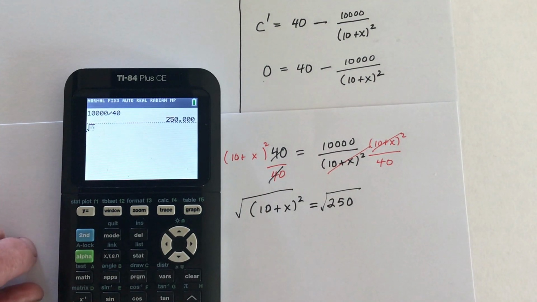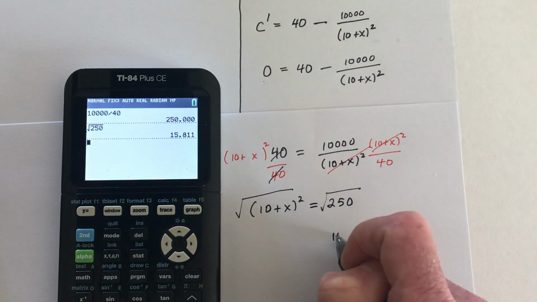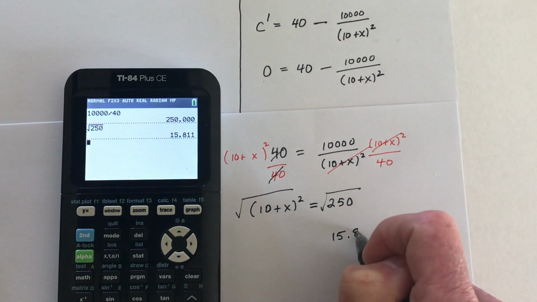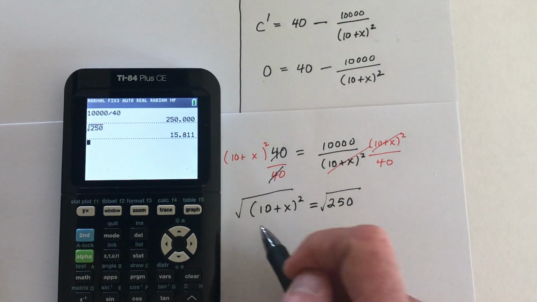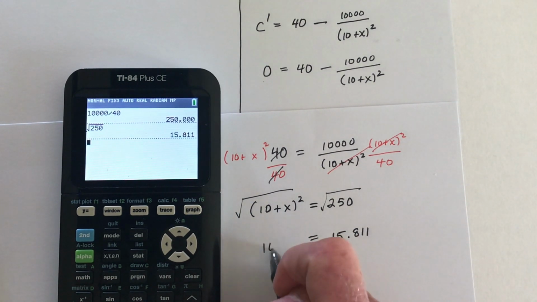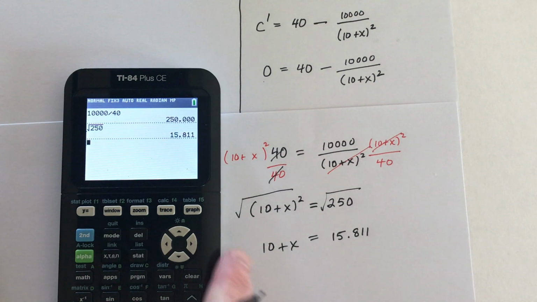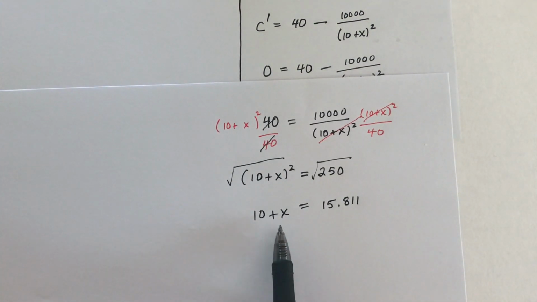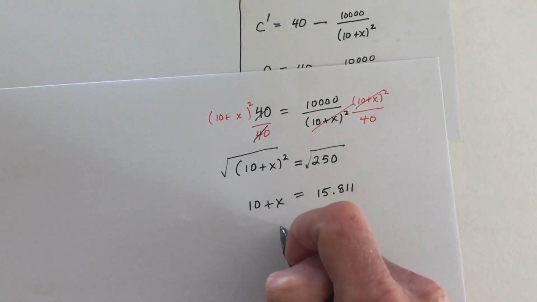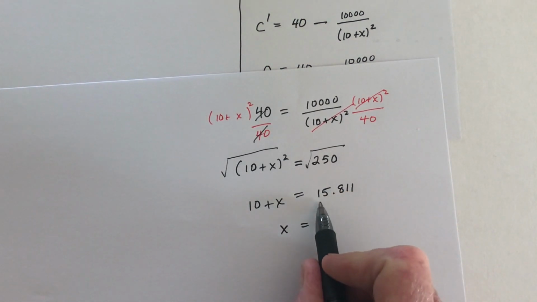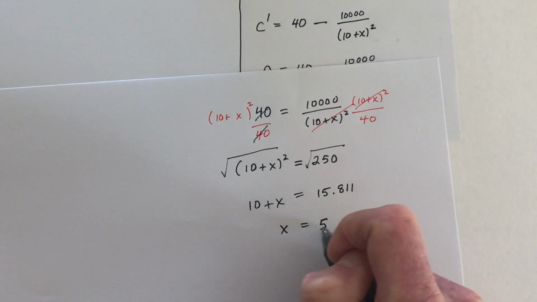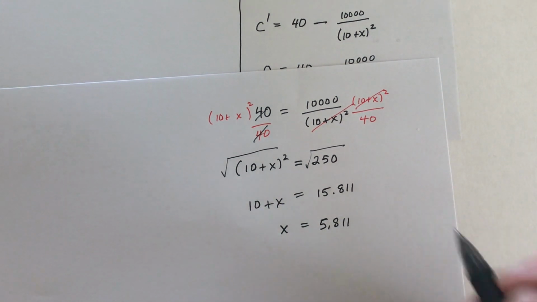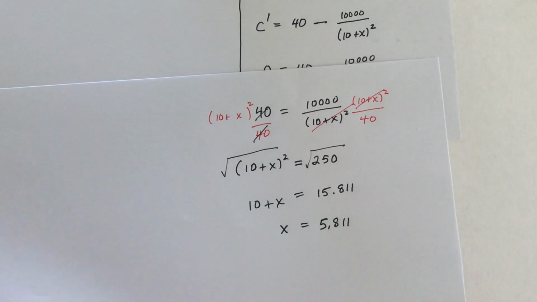And the square root of 250 is 15.811. And then that gets rid of the square, so we just have 10 plus x. And then the second to the last thing to do is subtract 10 from both sides. So x equals, when you subtract 10, that's going to leave 5.811.